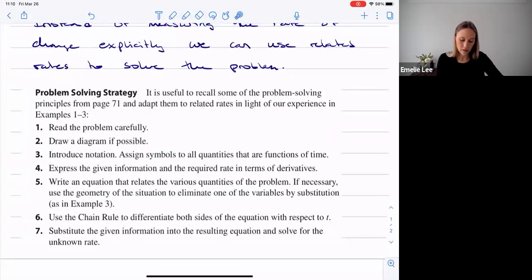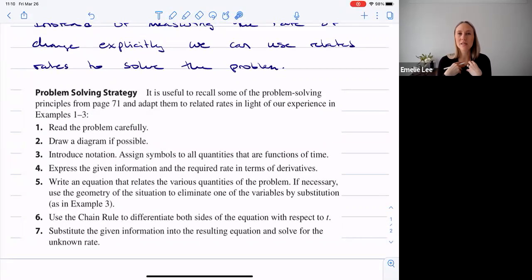Okay, so step one, read the problem carefully. It kind of goes without saying, but hey, step one, done. Okay. If possible, draw a diagram. So this is going to help you to visualize.